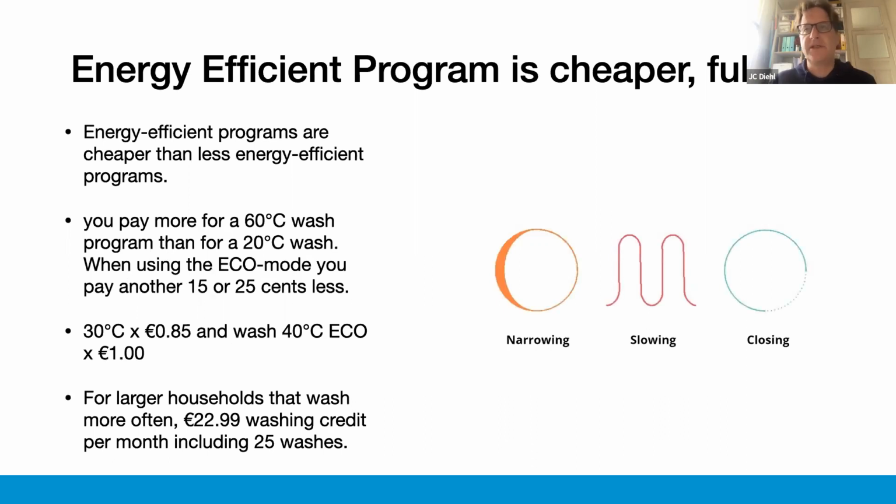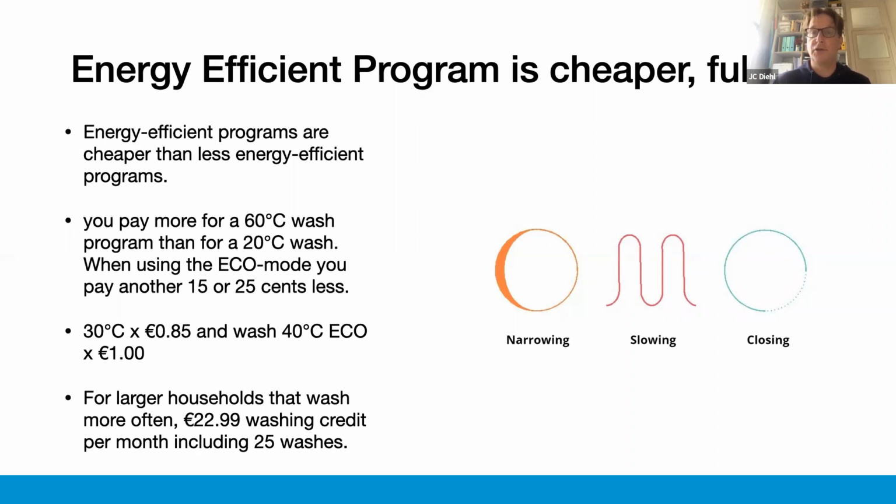What's interesting in the business model of Homey is that they really try to convince the consumer to become more environmentally sound. Energy efficient programs are cheaper than less energy efficient programs. So you're paying more money for using a high temperature wash cycle compared to a low temperature wash cycle.